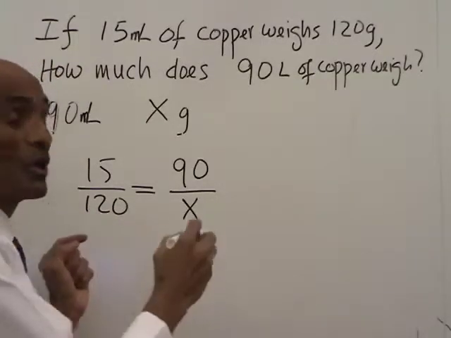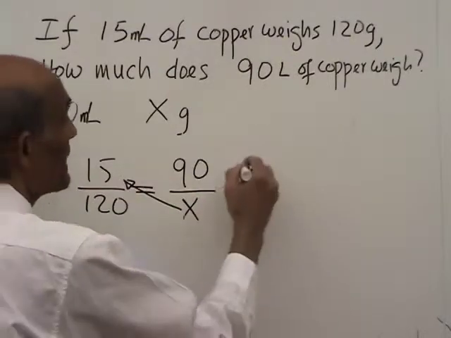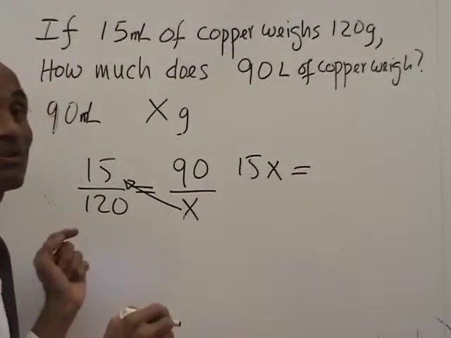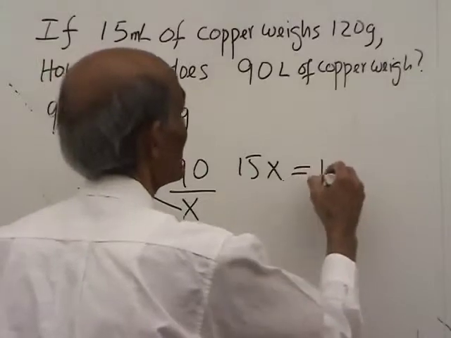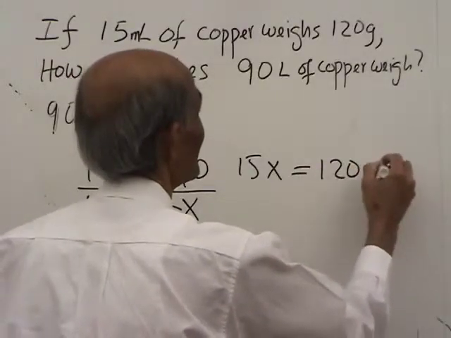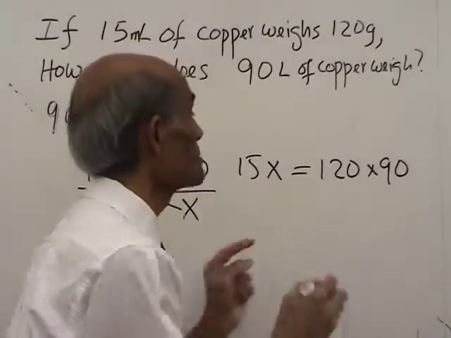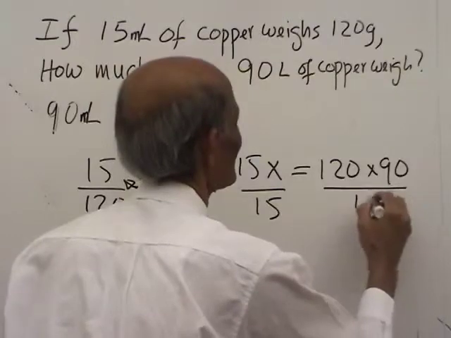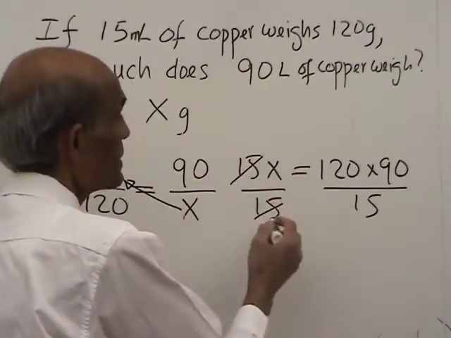What do we do? Cross multiply. You see, 15 times x, I'm going to write it here. 15 times x equal to 120 times 90. Now divide both sides by 15. On the left, 15 and 15 go.